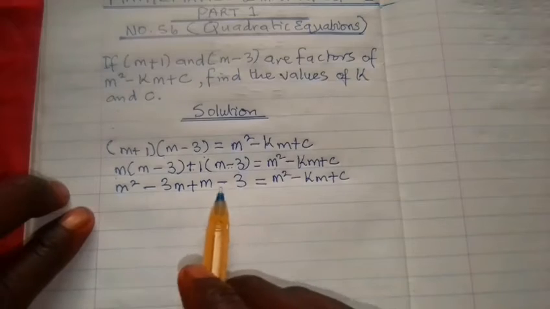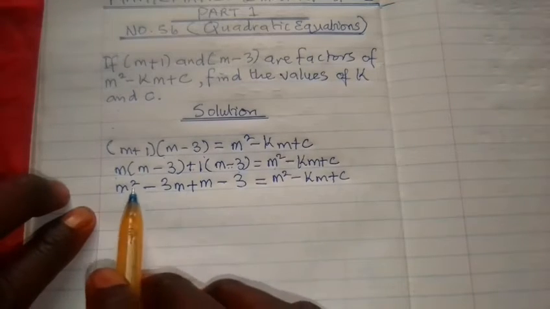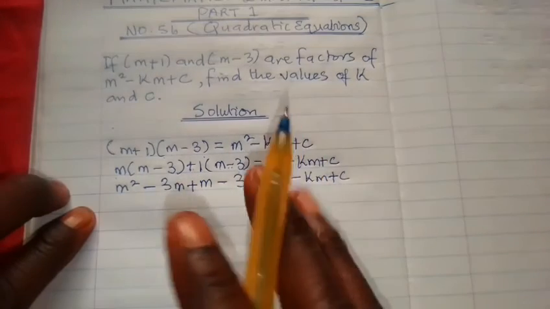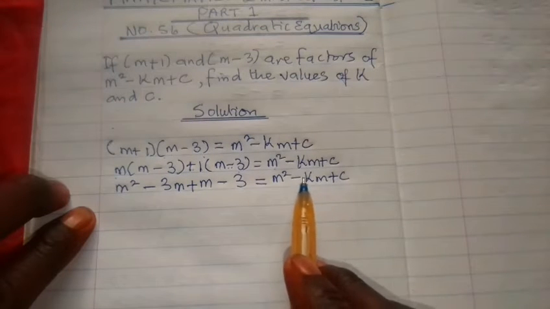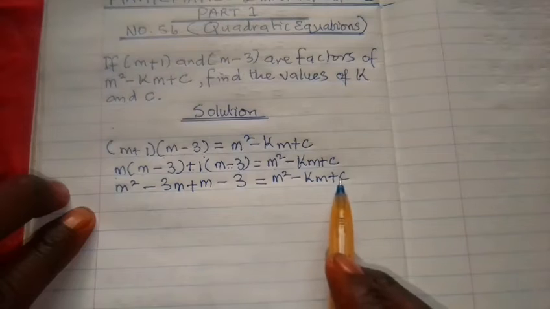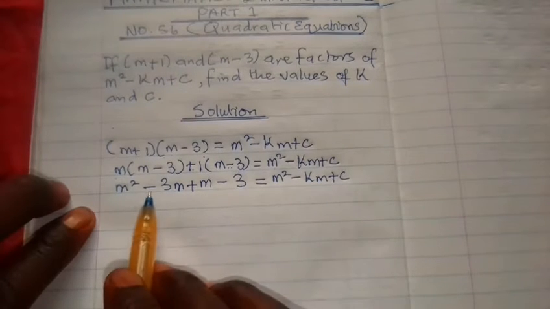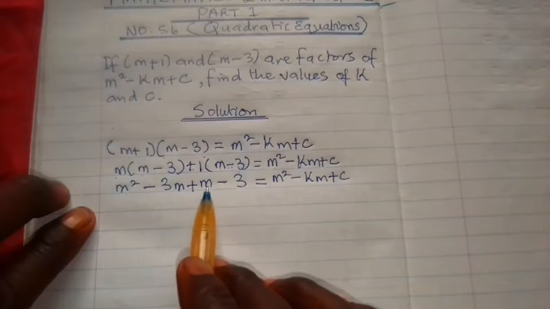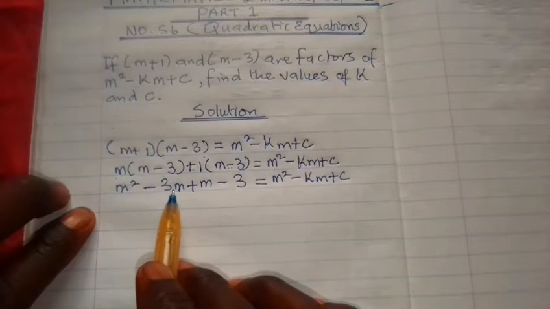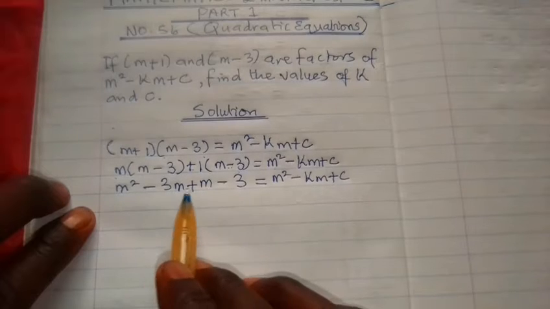So we are still working on the left side, because every quadratic equation must have at least 3 terms. As you can see here, we have the first term m squared, the middle term minus km, the third term plus c. But over here, we're having 1, 2, 3, 4 terms. So if we come to the middle terms here, we need to resolve it, which is minus 3m plus 1m. And how do we resolve it?